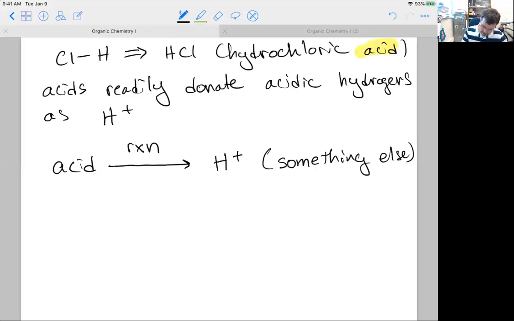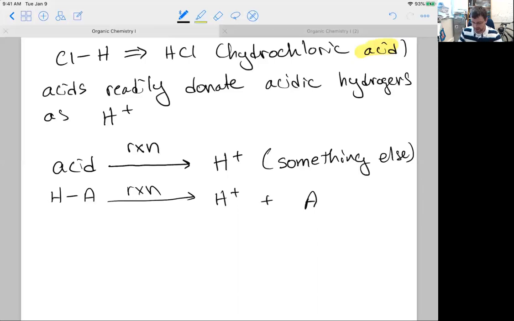Well, generically, what we do is we have HA doing this reaction to form H+, and then this is where that A comes in. That's why we use the variable A as opposed to X here, is because we often use A to describe acids. Now, in this case, we're forming H+ because we defined HA to be an acid.